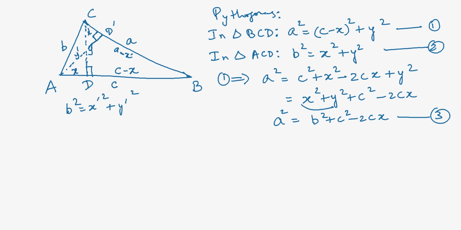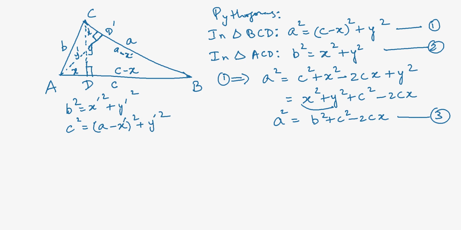And the other right angle triangle has hypotenuse c, so c squared should be equal to a minus x prime, the whole squared, plus y prime squared.